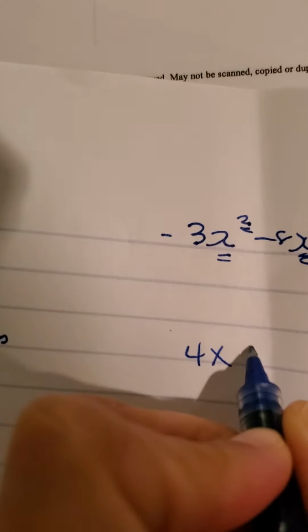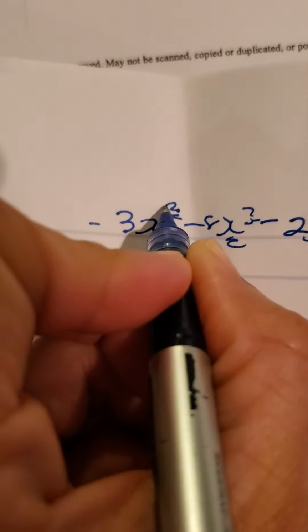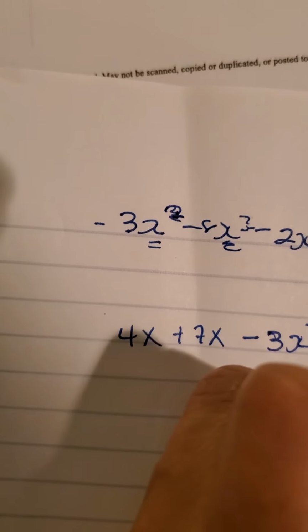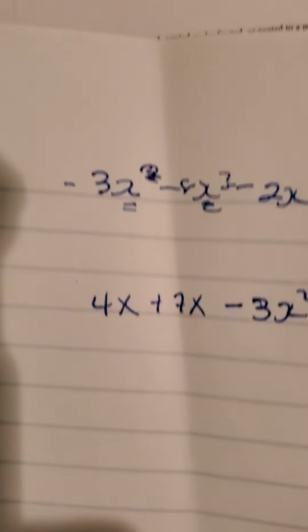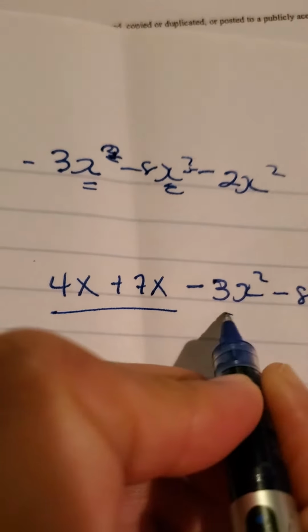What that means is that they must have the same variable factor and the same exponent simultaneously. So for example, if I have 4x plus 7x, and minus 3x squared minus 8x squared minus 2x squared, I can only combine, which means add or subtract, the like terms.